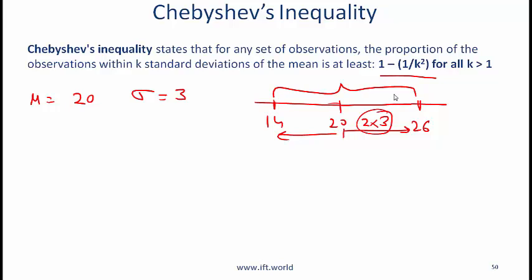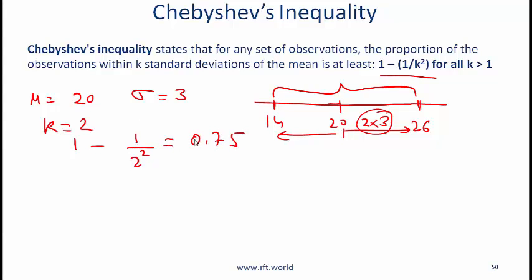And that is what Chebyshev tells us. K is the number of standard deviations from the mean, which in our example is 2. So the proportion of observations that must lie within 2 standard deviations of the mean is equal to 1 minus 1 over 2 squared, 1 minus 1 over 4. So this is 0.75.